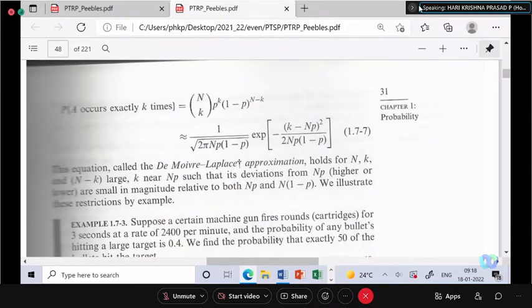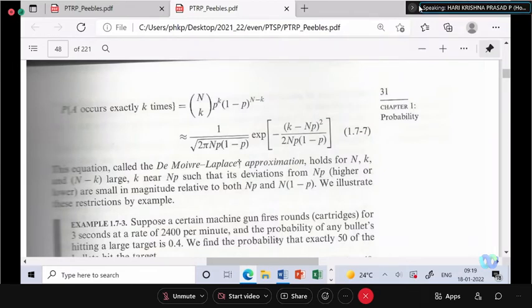Okay. When it comes to the terms in the exponential, it is (k minus np) whole square. What is k? Number of times the desired event should happen. What is n? What is p? N is number of times the experiment is repeated. Small p is probability of the desired event.